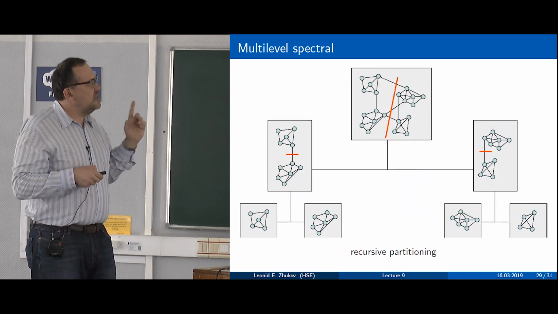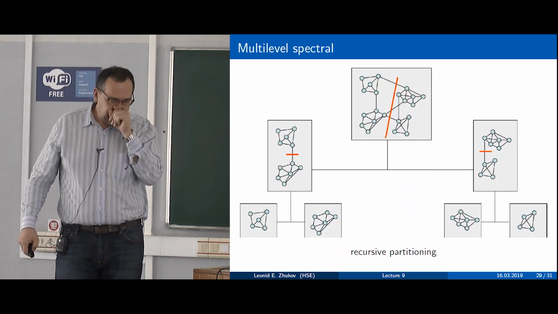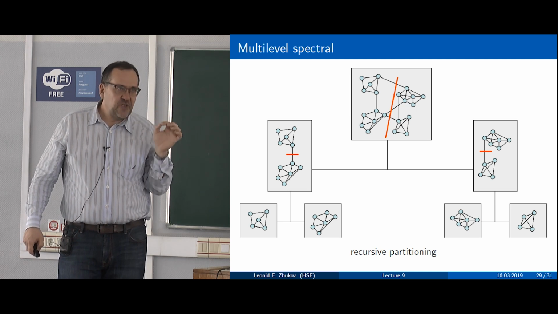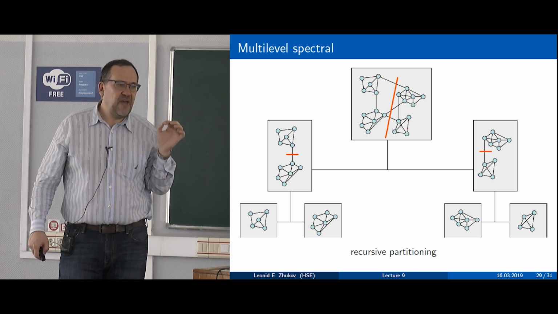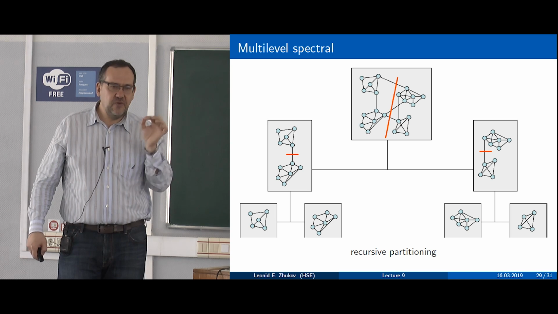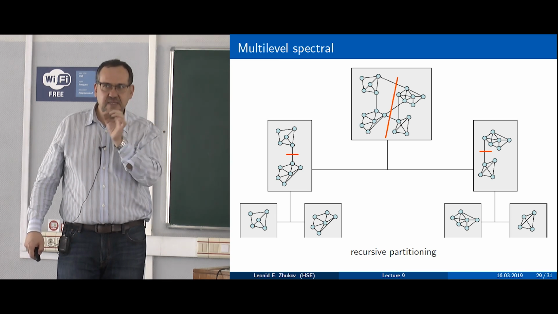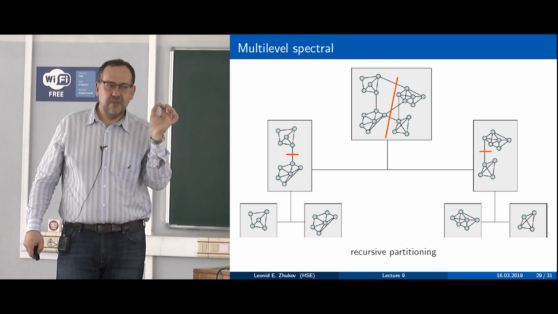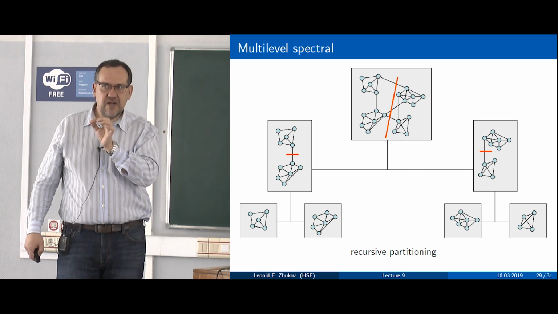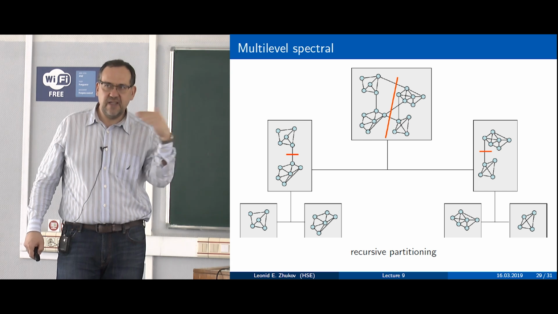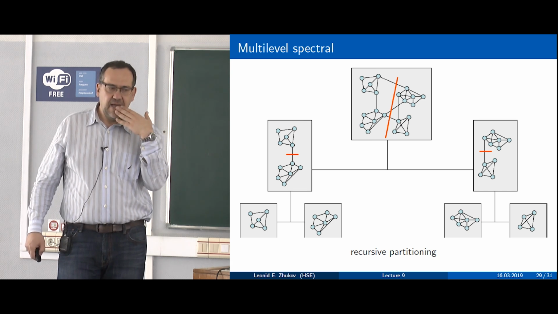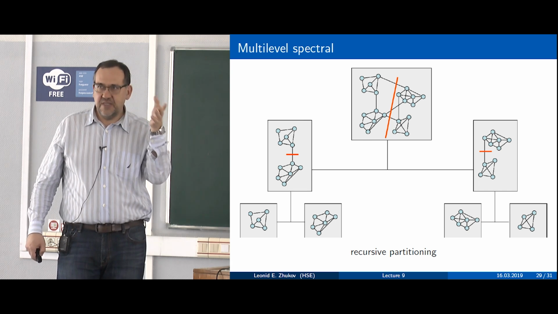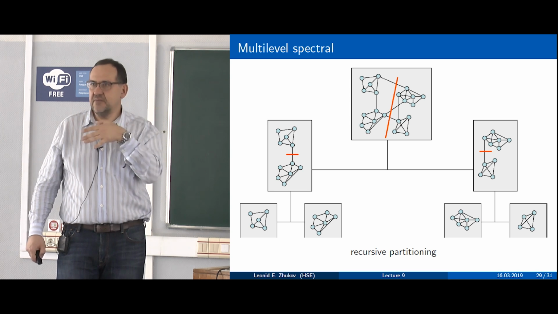Now, one last thing which is actually worth mentioning is the following. Imagine that you can actually use this renumbering scheme to renumber nodes in the graph based on the eigenvector. And then you want to draw the adjacency matrix for this renumbered graph.